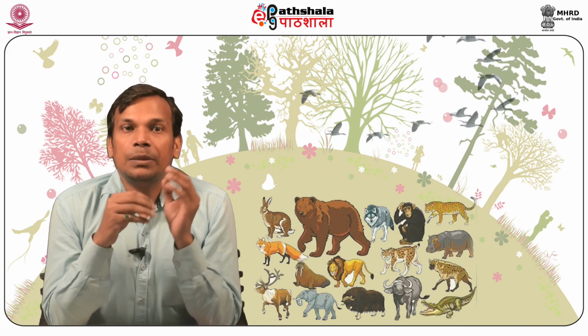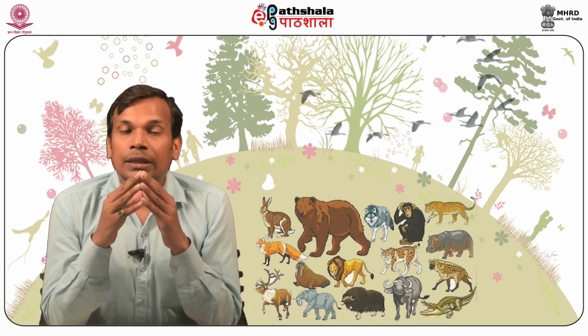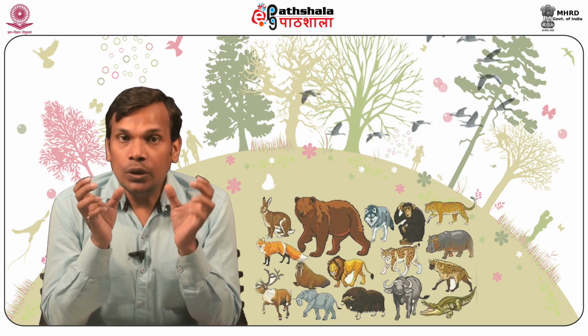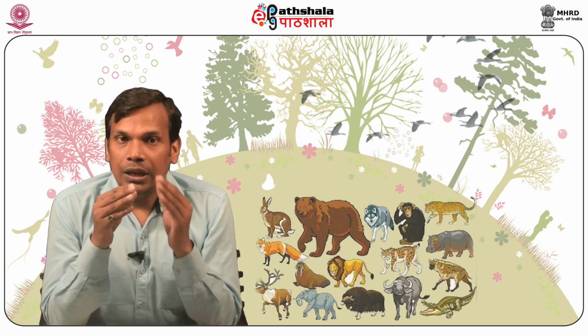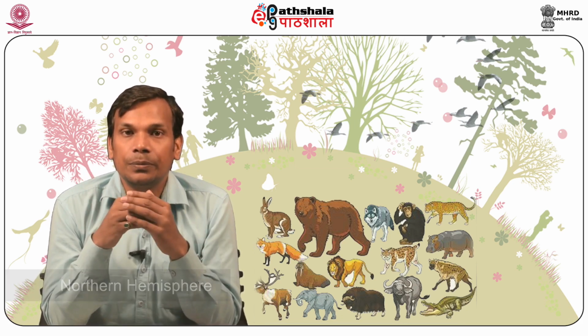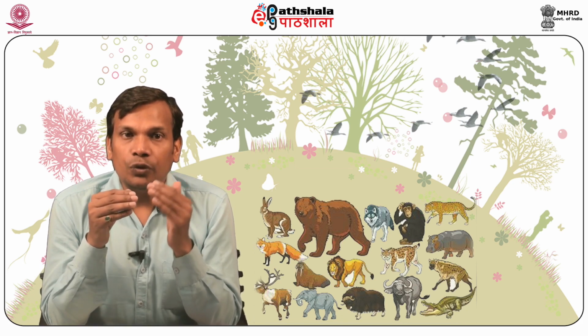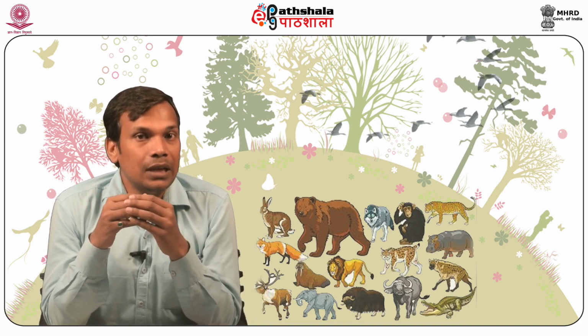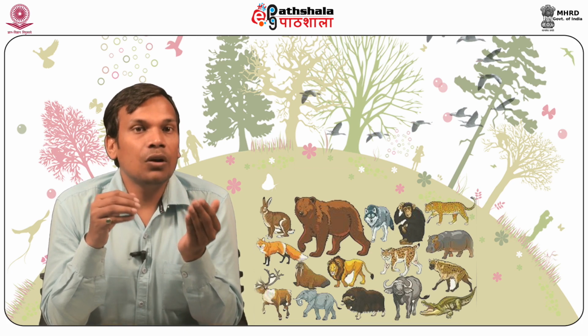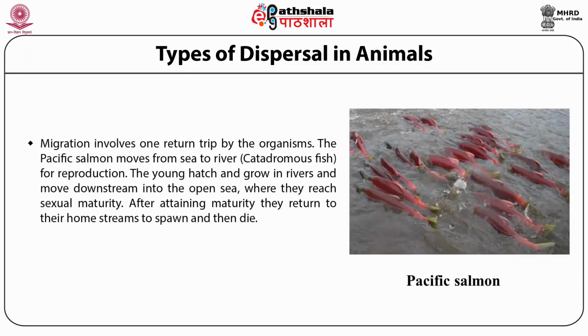First is the migratory birds. Usually they breed in the colder part of their range. In the northern hemisphere, birds move north in the spring and towards the south in autumn. A migration also involves one return trip by the organisms.